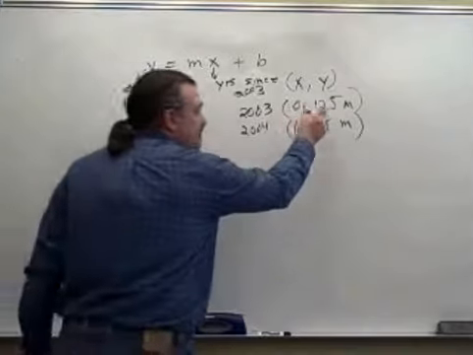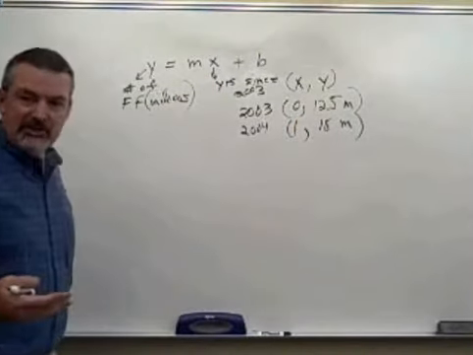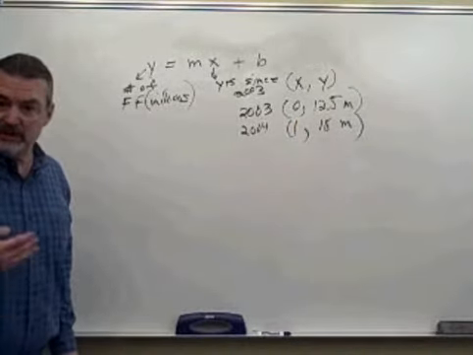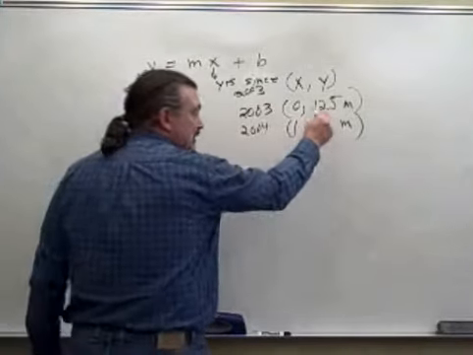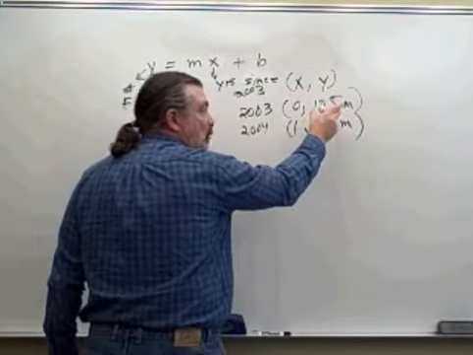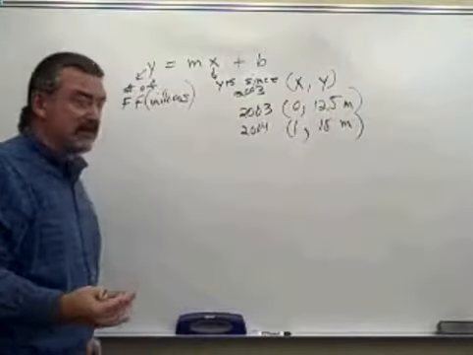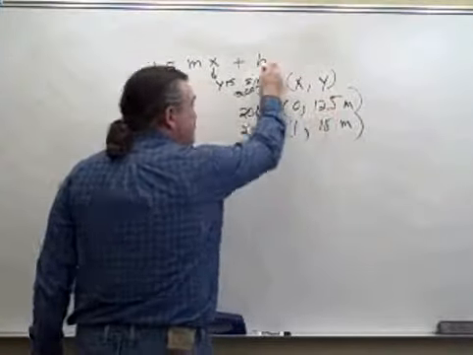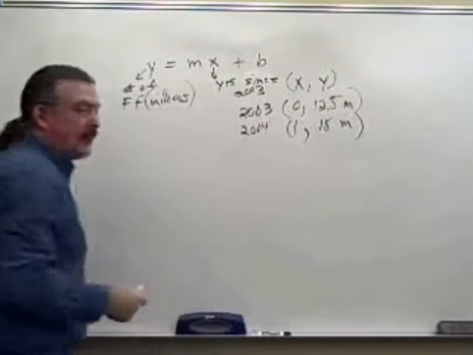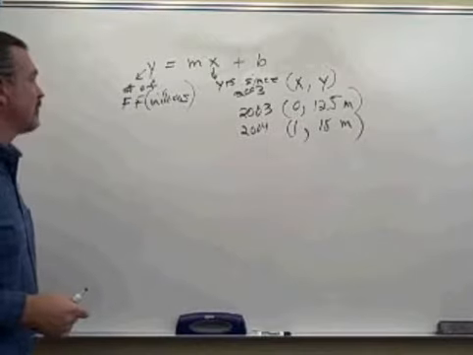And so, in effect, by giving us that information about the number of fly fishermen in those 2 years, they've given us 2 points. And more importantly, one of those points is the y-intercept. Remember, the y-intercept is where the x is 0. They've given me the b value. My b value is 12.5 in my function I'm going to create.